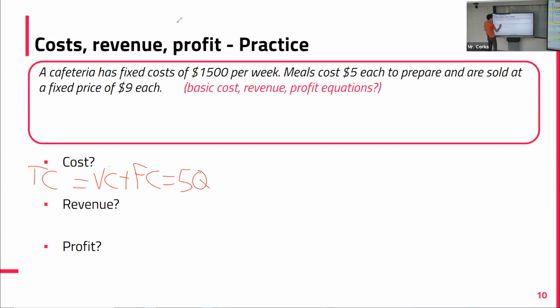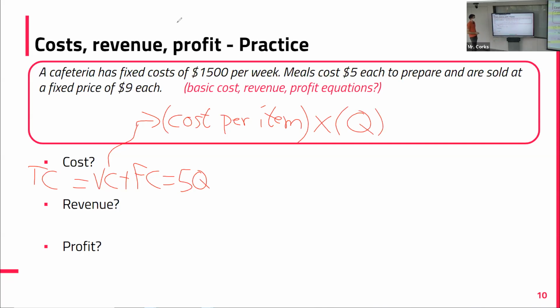Okay. So variable costs here are your cost per item. Remember, cost here is not cost to customer, it's production cost. How much does it cost us, the business owner, to make the thing? So cost for each individual item times the number that we sell, and that's what we call Q.